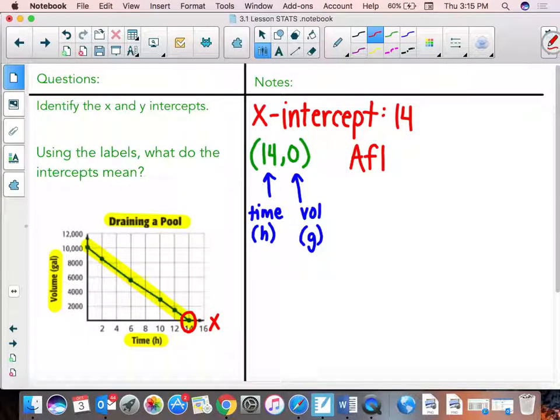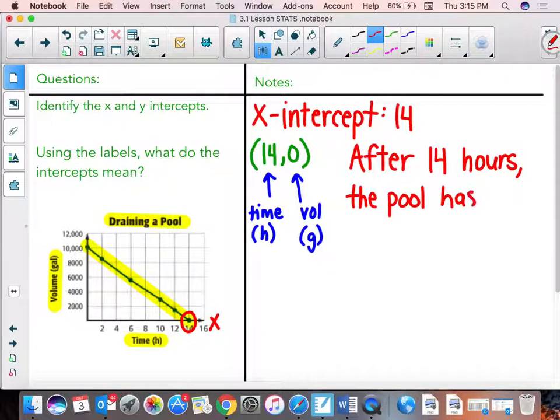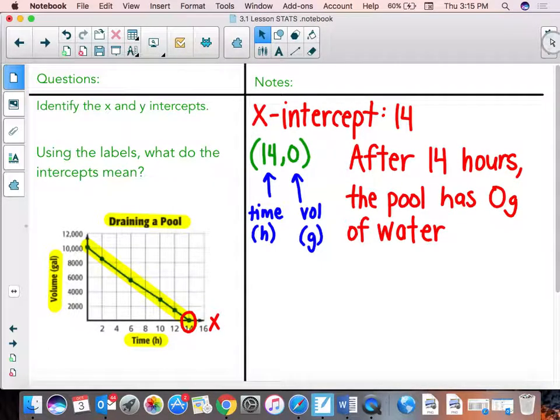So after 14 hours, the pool has 0 gallons of water. You could also say after 14 hours, the pool is empty. Either of those would work.